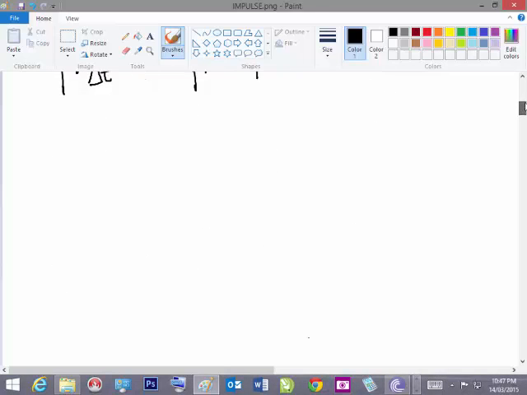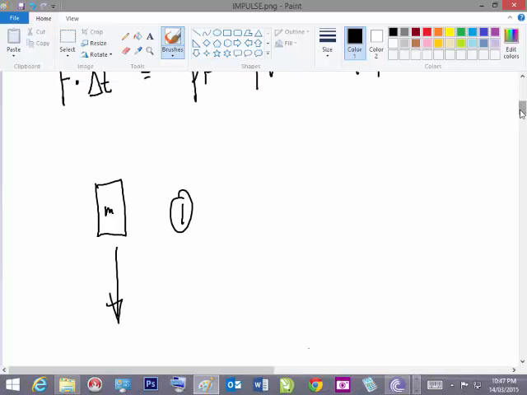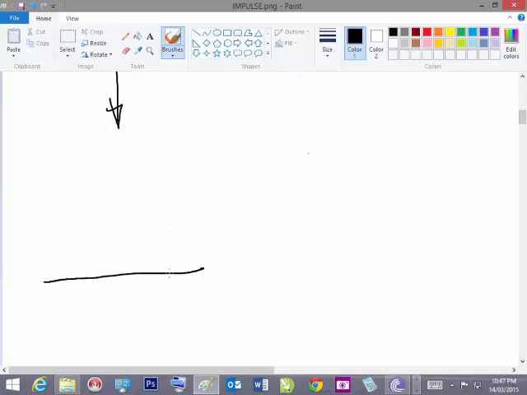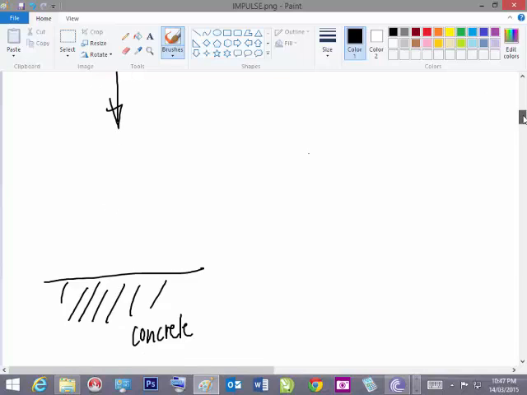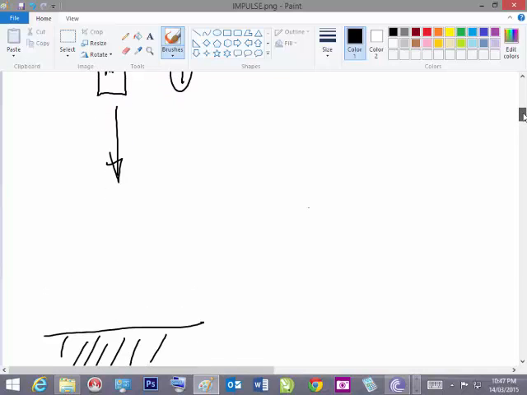To understand what impulse is, take the example of a mass that's falling to the ground, and we'll look at two cases. The first scenario is the mass falls to a concrete ground. When it hits, we can imagine what will happen to the object.